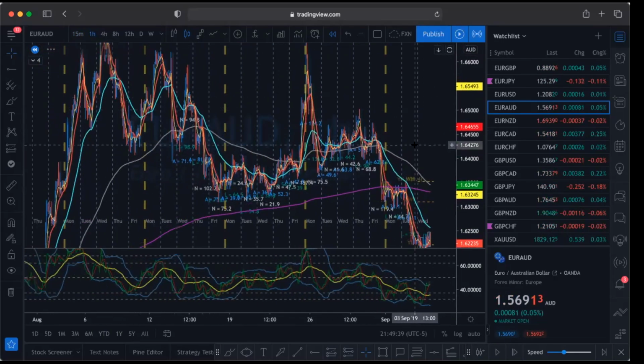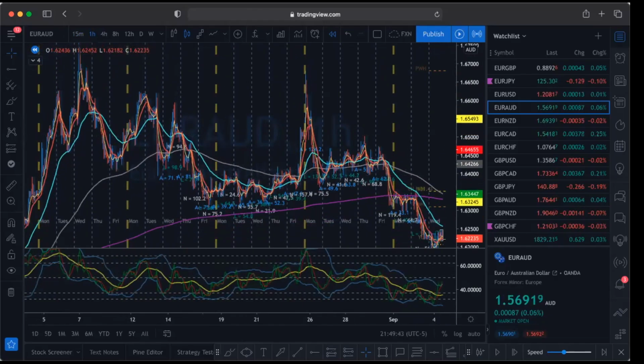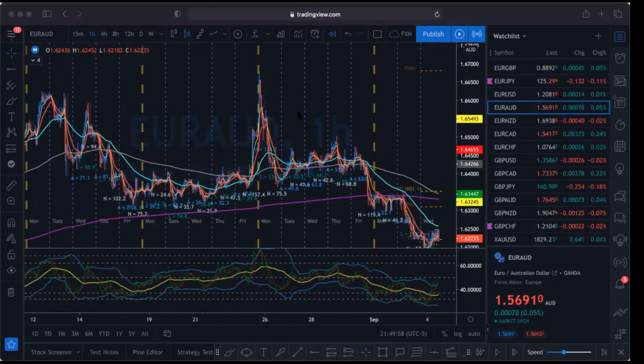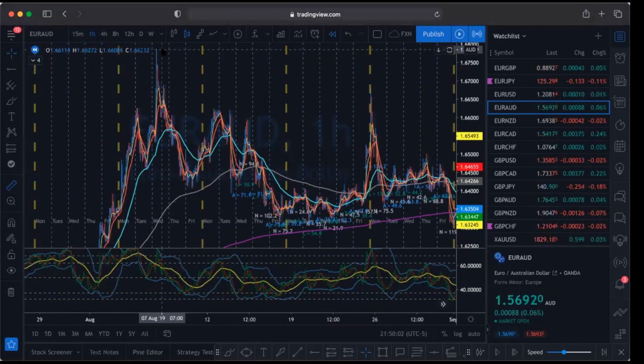So just by looking at this, I don't know. Does anybody know what Euro AUD ADR is right now? What is it? 119. So times 3 is around 360 or so. So what's all the way from up here?